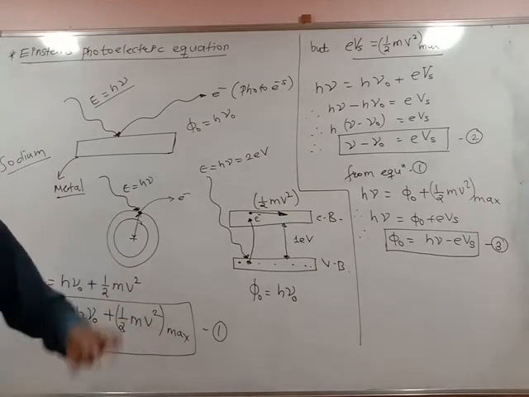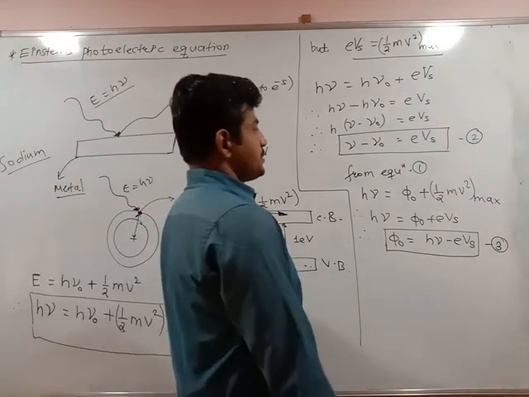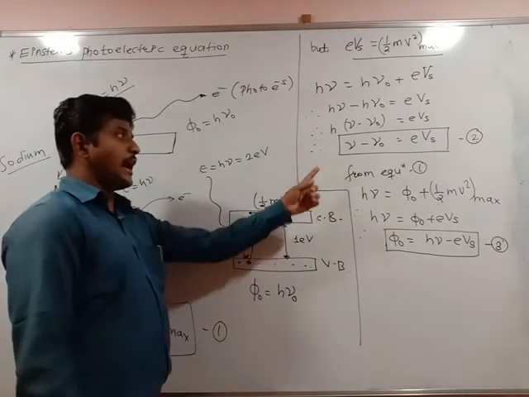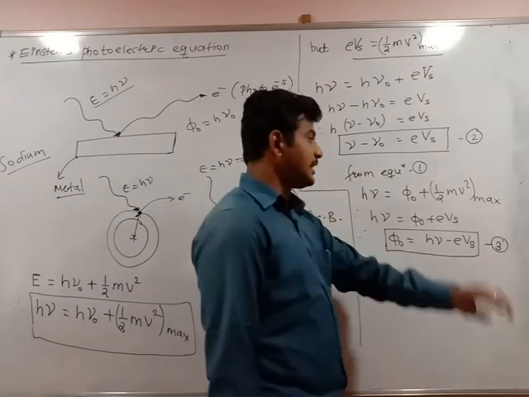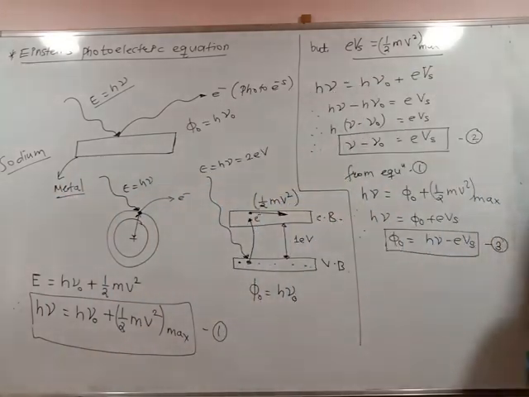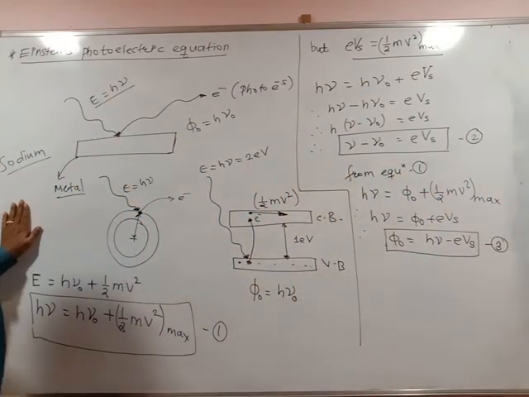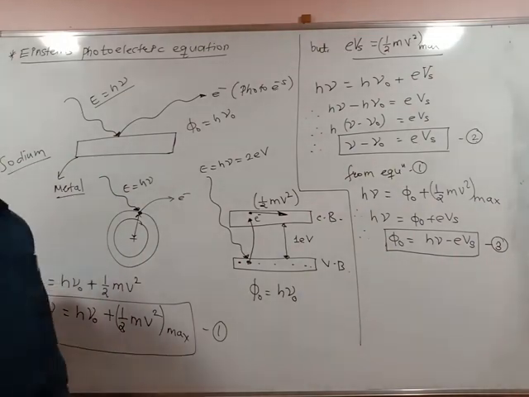That is said to be Einstein's photoelectric equation. So this is the equation in terms of energy, this is Einstein's photoelectric equation in terms of frequency, and this is Einstein's photoelectric equation in terms of work function. A very simple concept, it can be asked for 2 to 3 marks in the examination.